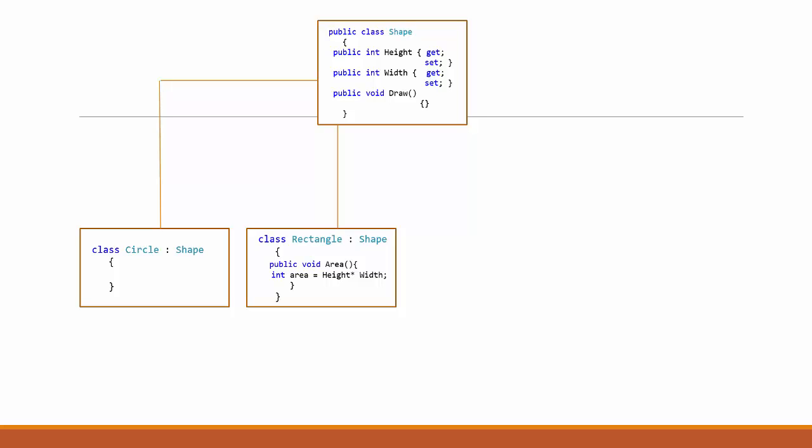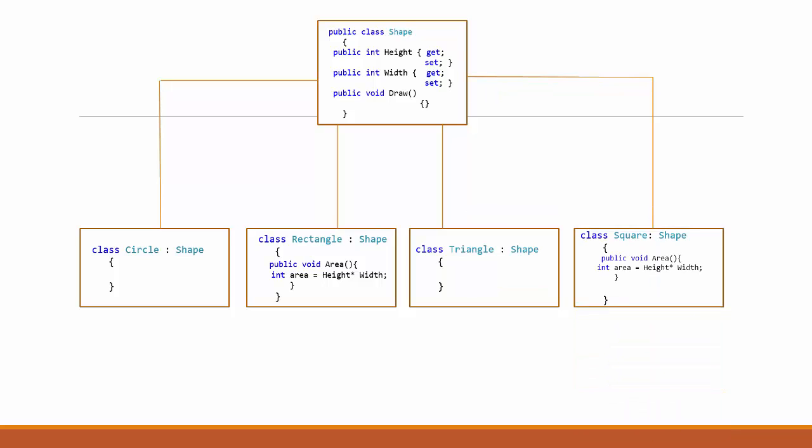I'm just accessing the height and width of the base class shape, and the product of these two I'm assigning to the area variable. That is basically the concept of inheritance. Similarly, the triangle class can also inherit from shape, and then a square can also inherit from shape.